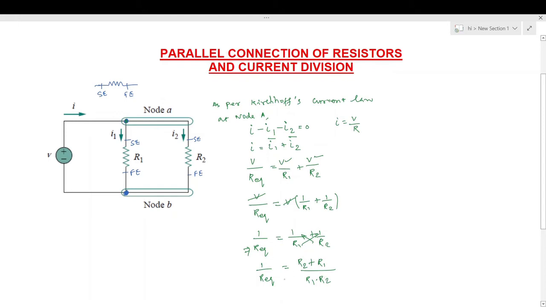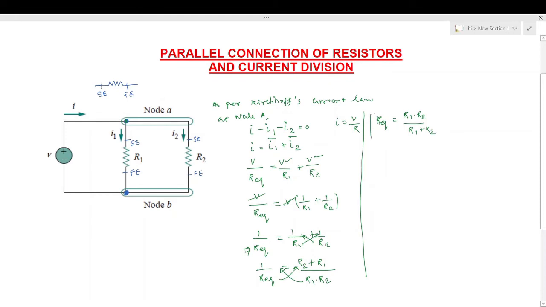To obtain the R equivalent value, we can transfer the R equivalent to the right hand side of this equation, and the right hand side of the equation can be transferred to the left hand side. So the equation will become R equivalent is equal to R1 into R2 divided by R1 plus R2.